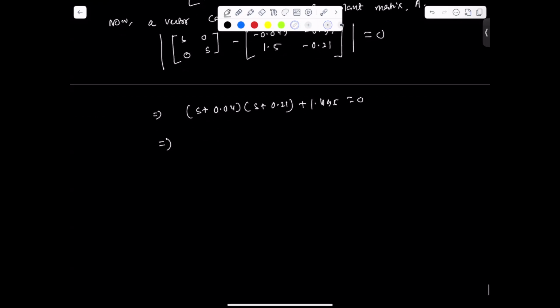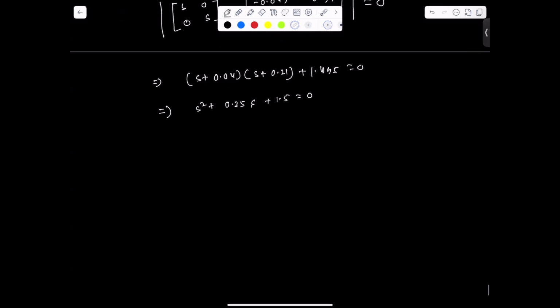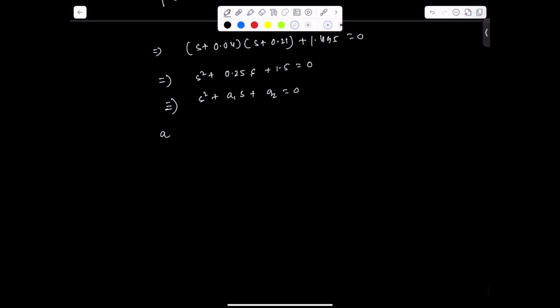Or we have s squared plus 0.25 s plus 1.5 equal to 0. This equation we can write as s squared plus a1 s plus a2 equal to 0. And the a vector, a1, a2, is 0.25 and 1.5.